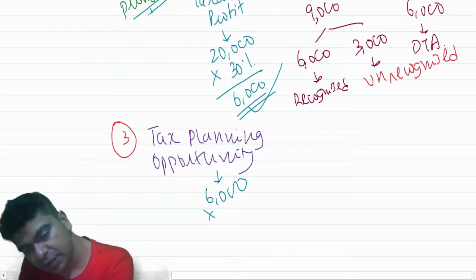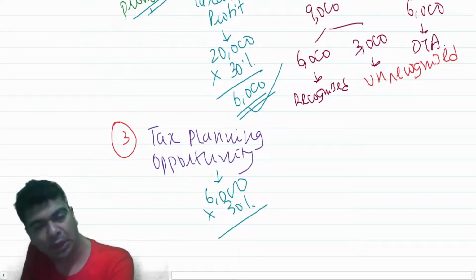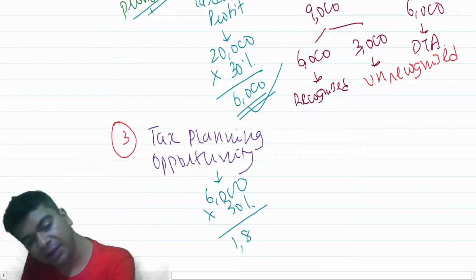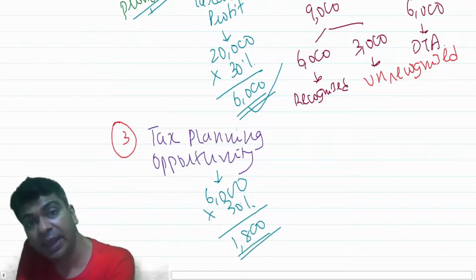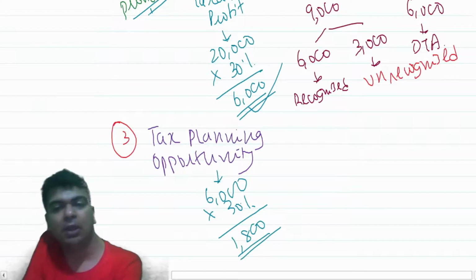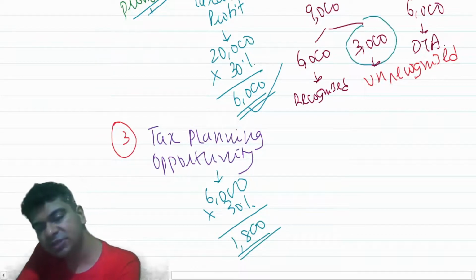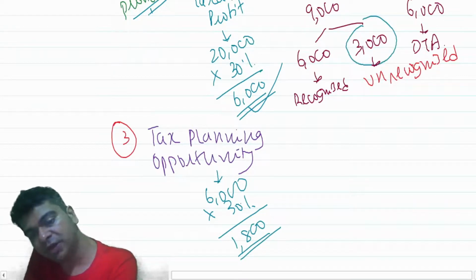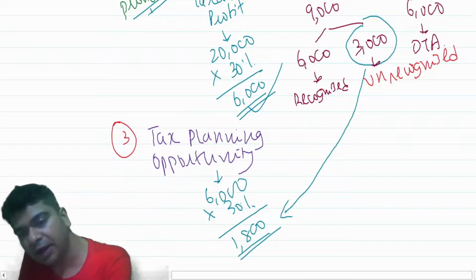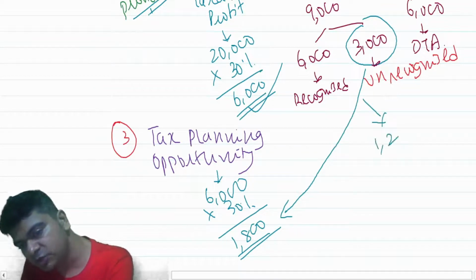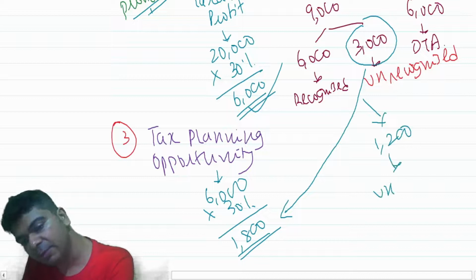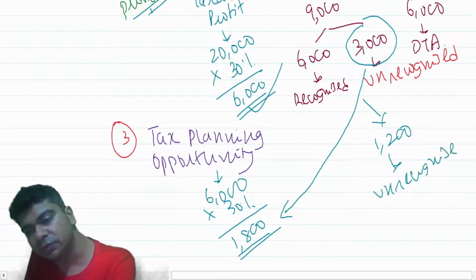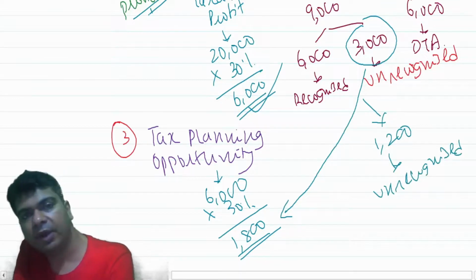So 6,000 into 30%, I am getting 1,800. So because of this, I'll have to pay 1,800 rupees of tax. As you can see here, 3,000 is still unrecognized. Out of 3,000, I will recognize now 1,800. So I'm still left with 1,200. 1,200 will remain unrecognized.